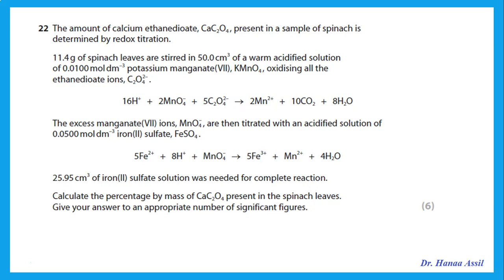Any excess we're going to titrate in order to know how much is the excess, then I can determine how much reacted. So the excess manganate is then titrated with an acidified solution of iron(II) sulfate, and we found that it needs 25.95 cm³ of iron(II) sulfate. Calculate the percentage by mass of the calcium ethanedioate present in the spinach leaves and give your answer to an appropriate number of significant figures.